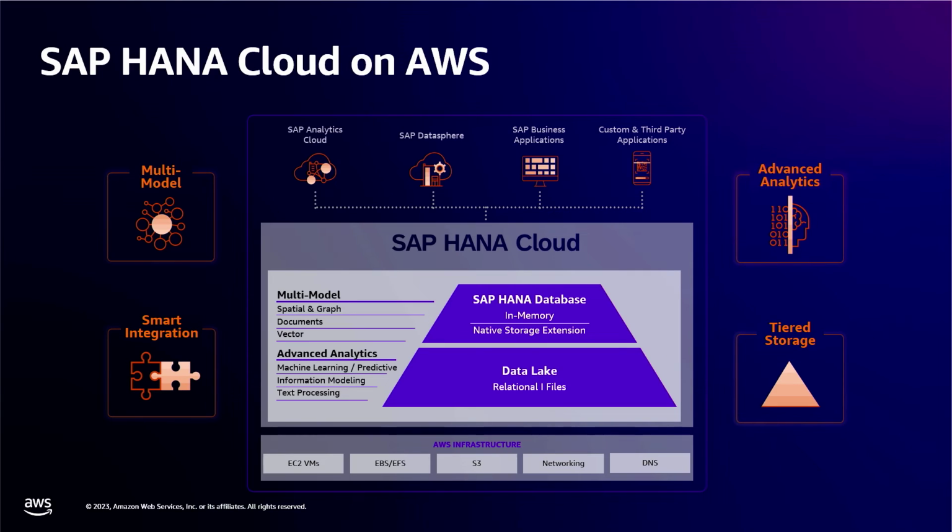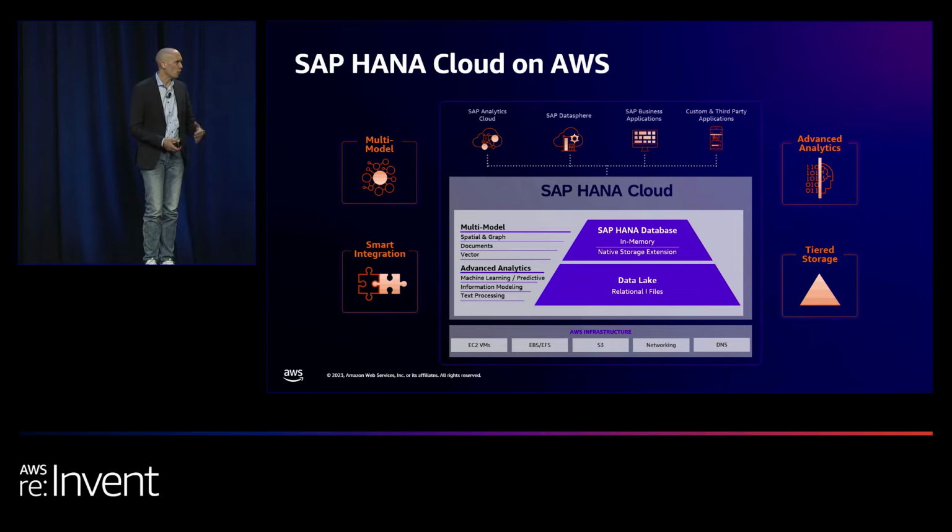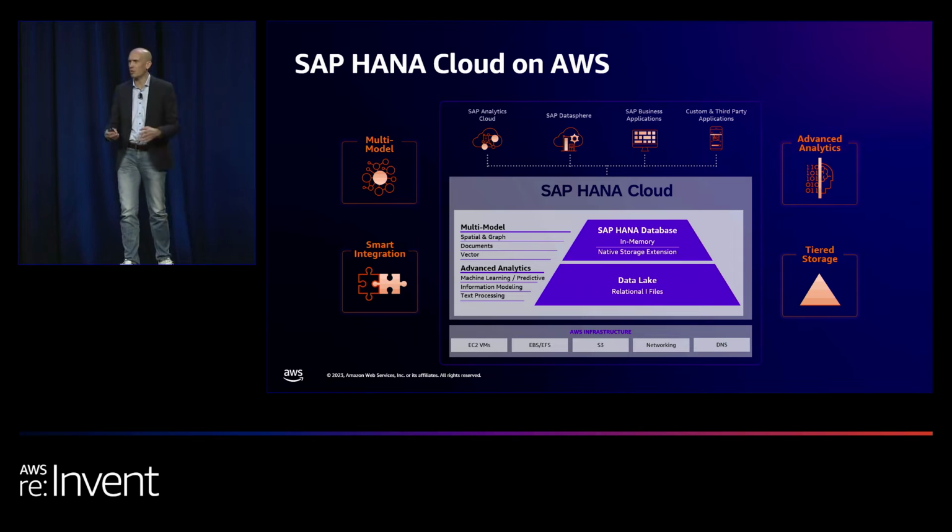And on the tiering side, if you look at HANA Cloud, there are multiple tiers in terms of storage, where you can keep your hot and relevant data in memory for high-speed processing. But you have also other tiers down to object stores and data lakes where you can keep your larger amounts of data connected through these layers.